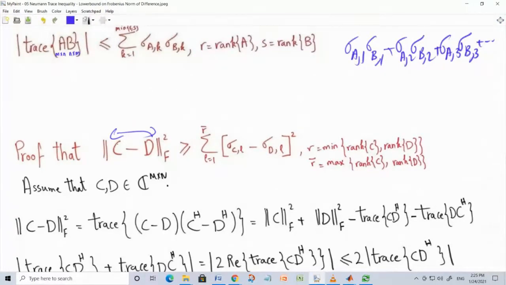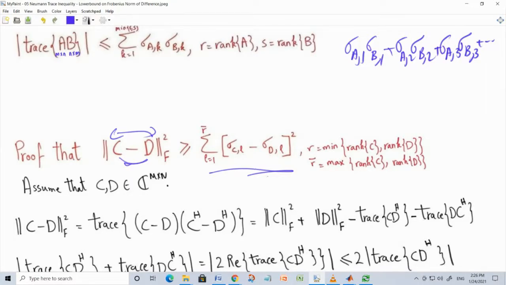The claim is that you can lower bound the square of the Frobenius norm of C minus D using the singular values of C and of D.